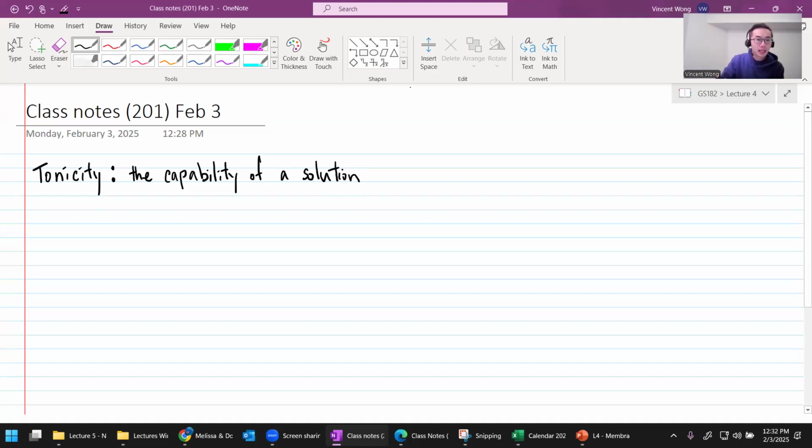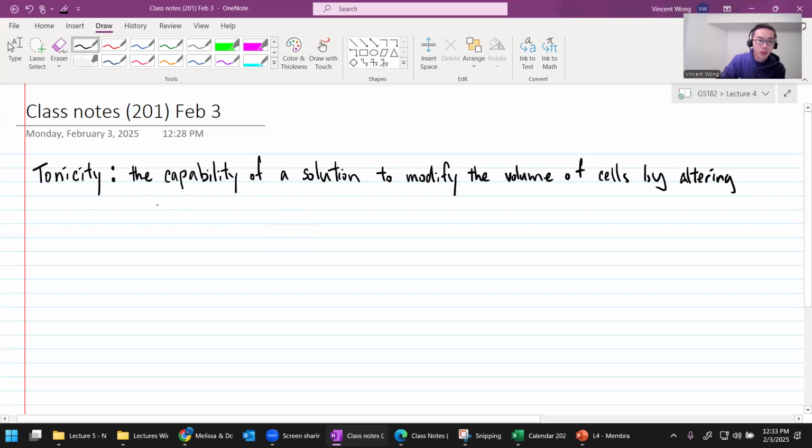It's a capability of a solution to modify, to change the volume of cells by altering, by changing their water content.